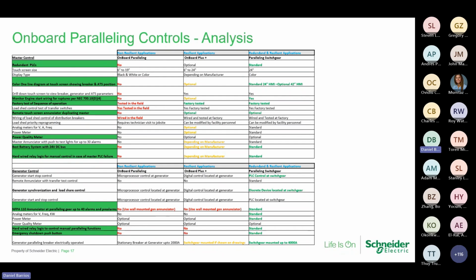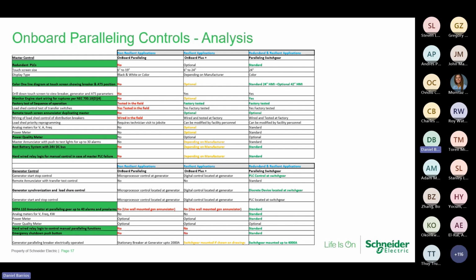Some of the things that bother me the most is when you're looking at the factory test and sequence of operation, that simple system is wired and tested in the field. Whereas the other two, we will go through all of the factory testing. You can attend a witness test either virtually or actually in person.